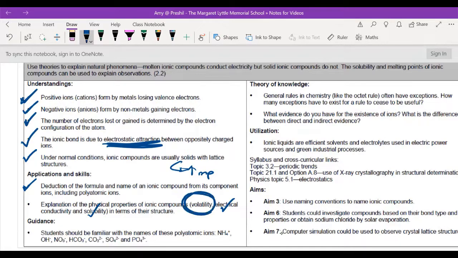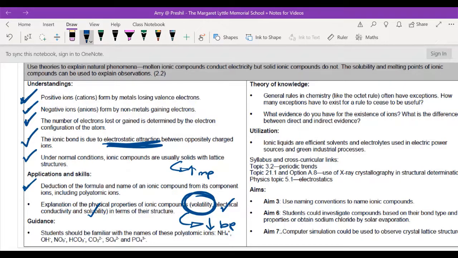We didn't talk about volatility. Volatility is basically low boiling point. If we have specified that our ionic compounds have a high melting point, it follows that they're also going to have a high boiling point. So a container of salt doesn't actually smell.